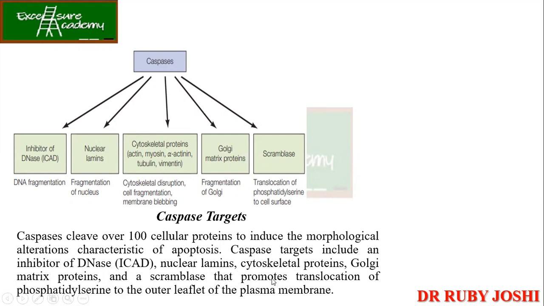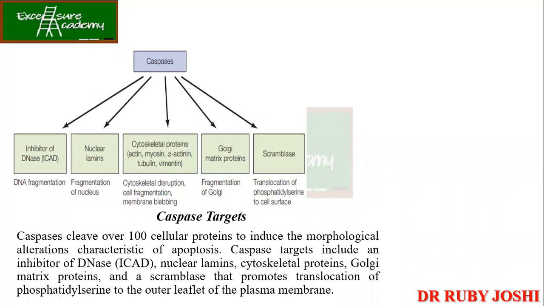So आप ये देख सकते हैं कि हम किस तरह से apoptosis को carry out करने के लिए ये सारे changes होते हैं. For example, how do you detect that a particular cell is undergoing apoptosis? By checking the presence of phosphatidylserine on the outer membrane of the cell.